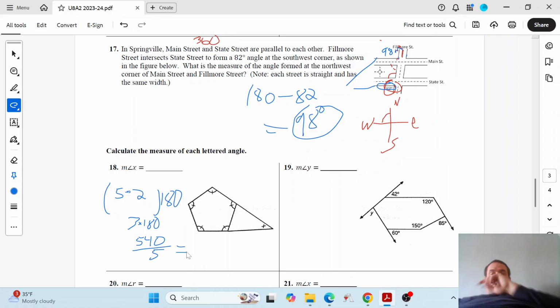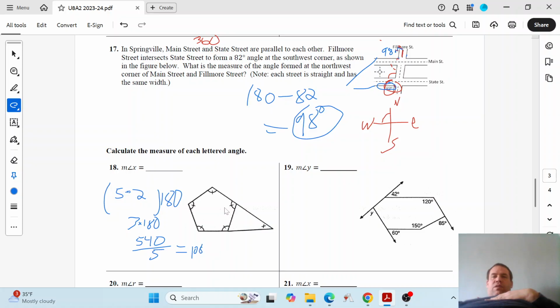And so each angle together, I mean, it doesn't say that each side is the same, but we're guessing that they are, at least. I don't know, it's kind of not the best problem, but we'll go with it. So we get 108, because 5 goes into 5 once, and 5 goes into 48 times. So 108.